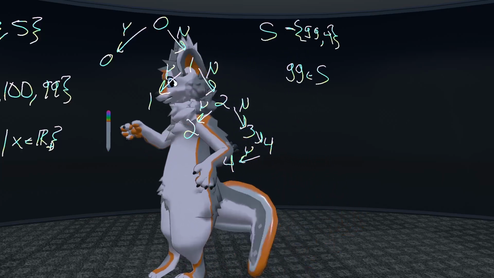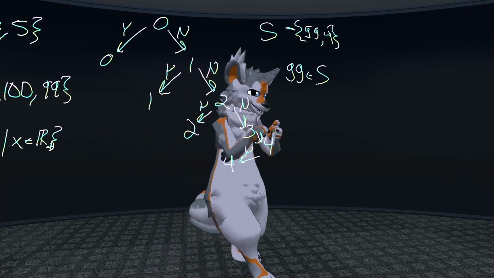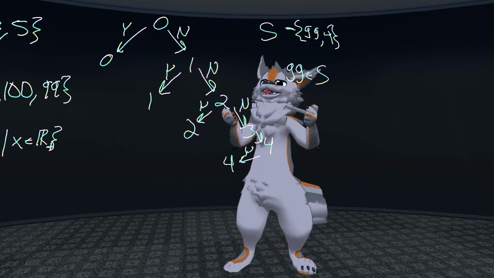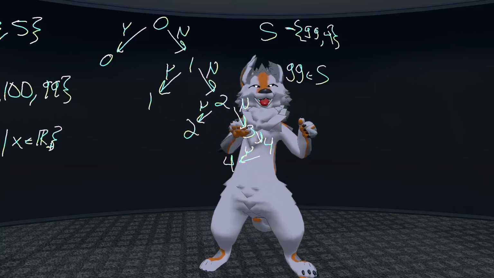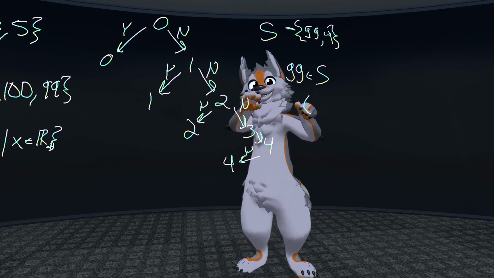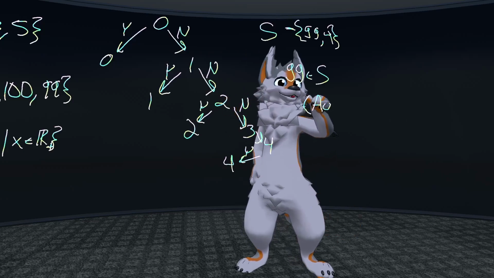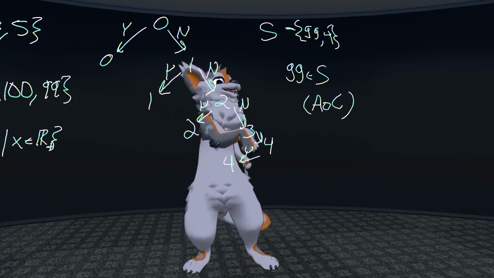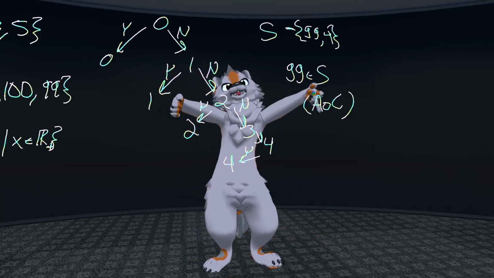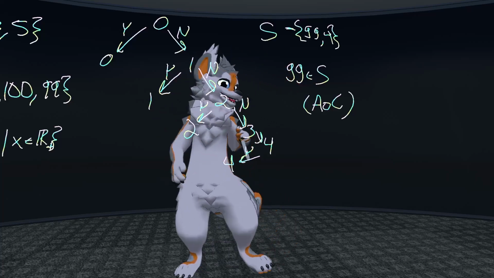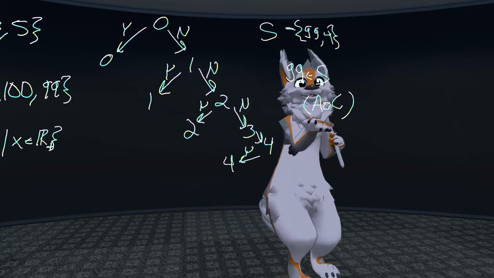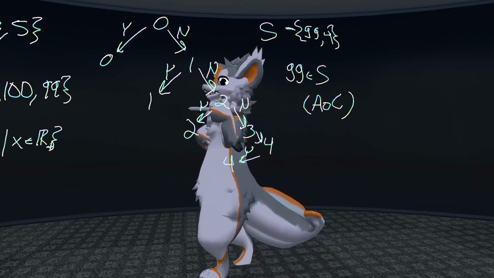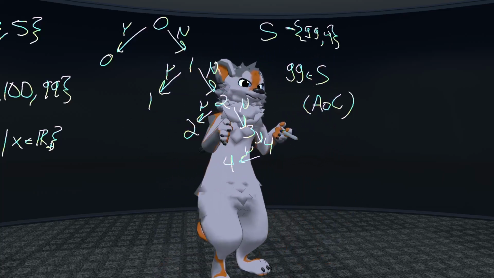And this is actually reminding me suspiciously of the axiom of choice. I could be wrong, and if you don't know what the axiom of choice is, don't worry about it. But I think this argument for infinite subsets of the natural numbers requires the axiom of choice. I could be wrong, or maybe you can use something else.